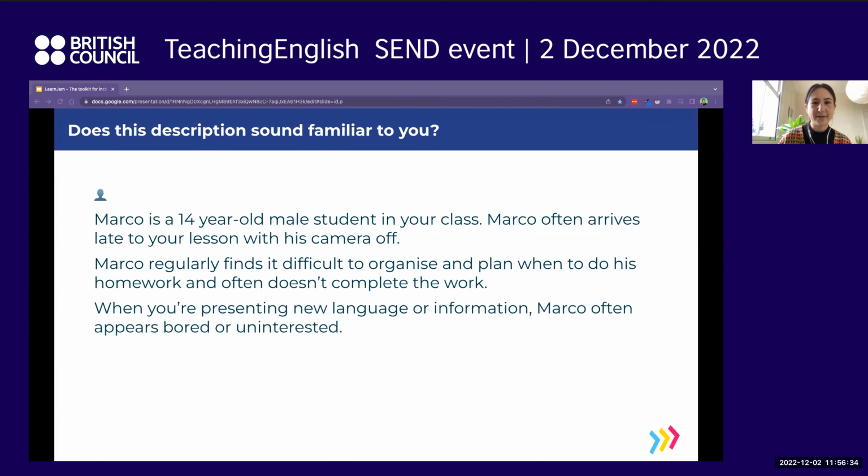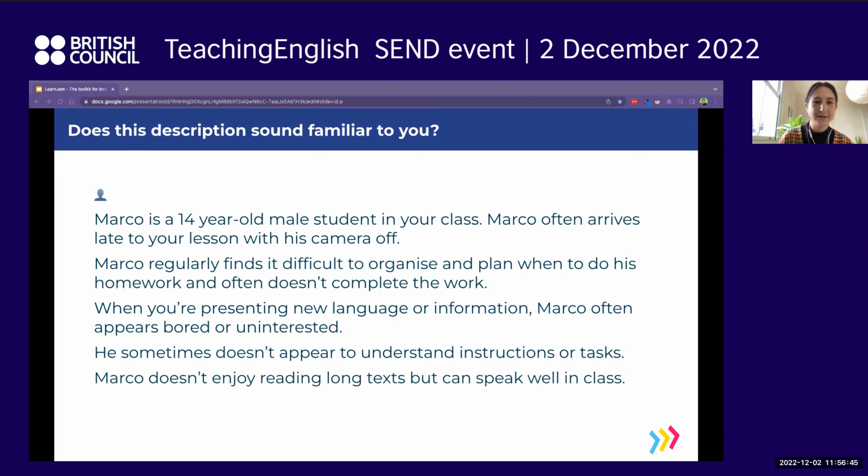When you're presenting new language or information, Marco often appears bored or uninterested. He sometimes doesn't appear to understand instructions or tasks. Marco doesn't enjoy reading long texts, but can speak well in class. And he's sociable and can be very creative in group settings. So if you downloaded the pre-task content, you might have seen this.